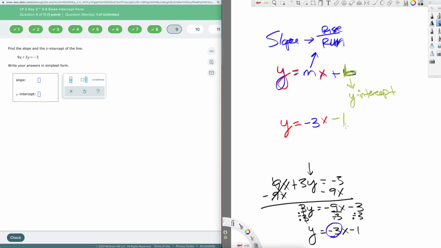What we're doing is looking for those pieces. Even if they're a little out of order, as long as it says y equals, we're still okay. We're always looking for the m that's in front of the x. It's being multiplied by the x. So it doesn't matter if it's first or second, okay? So we have a slope of -3, and we have a y-intercept of -1.